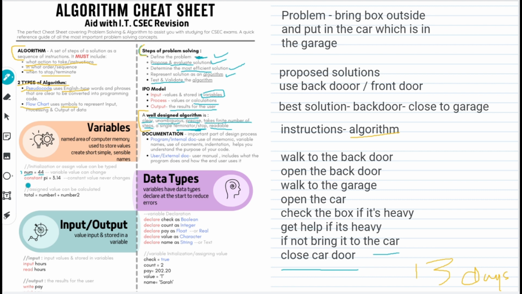So if I say assign, create a variable, Kyle, you're here with me? If I say create a variable for the number of birds you have at home, what would you call your variable? Let me give you an example.